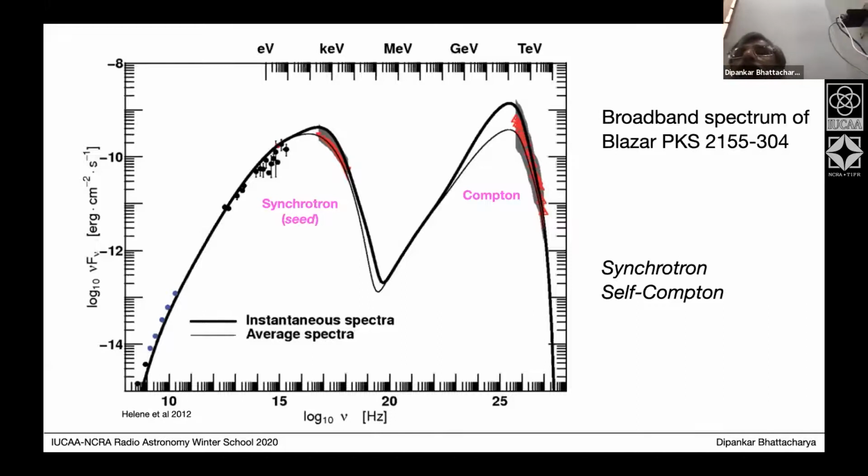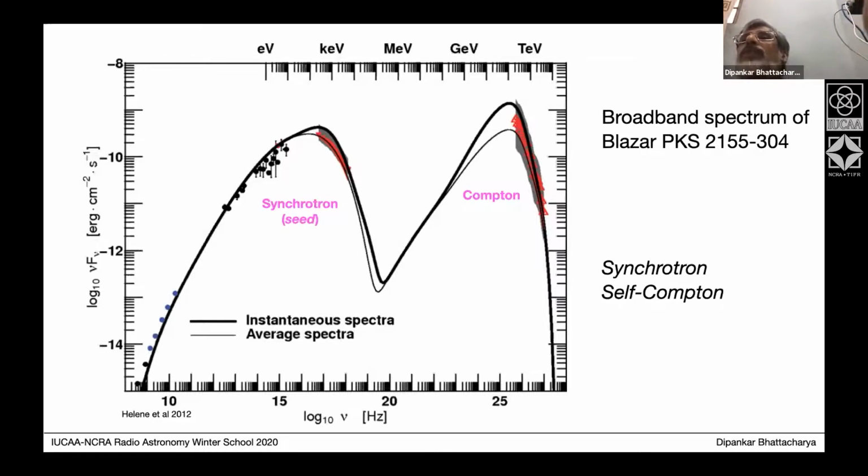And if you find sources where the spectra exhibit this kind of distribution, this gives you an interesting way to determine the typical Lorentz factor of the material there, because the Compton peak will be at the Lorentz factor squared times the synchrotron peak.